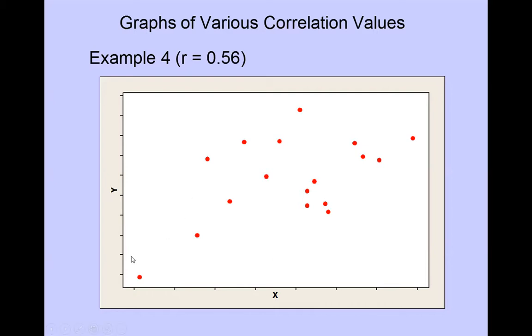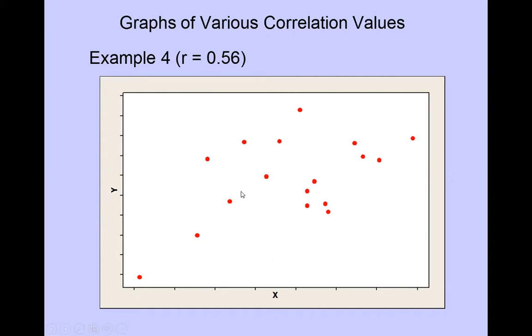And here's a situation where you can see there's an increasing linear pattern of some sort in the data, but the points scatter away from the line, so r is about 0.56 when you calculate this out for this data set. There's an increasing trend, so r is positive.